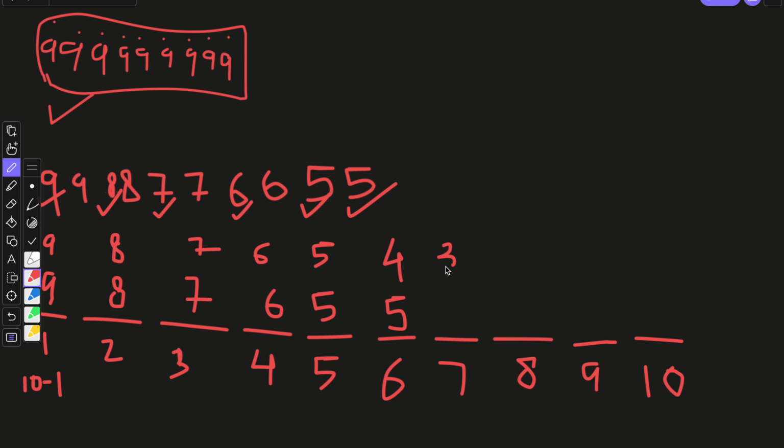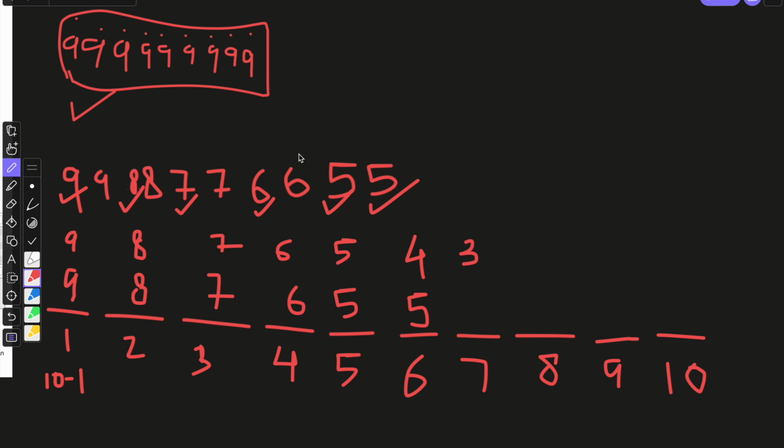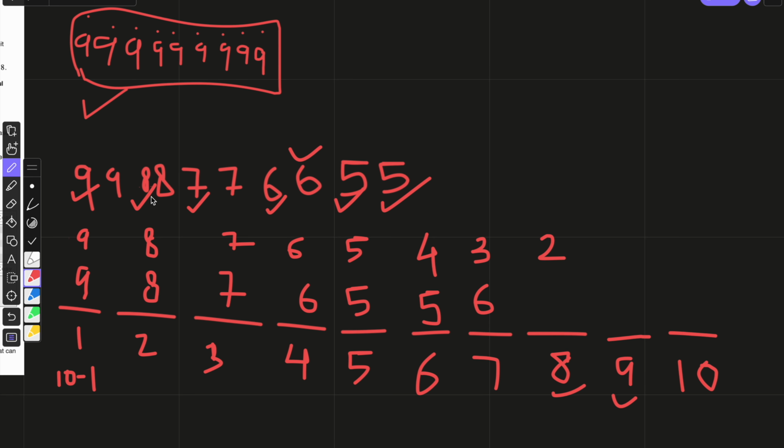At this position we need 3. We don't have 3, so what is the next greater element?